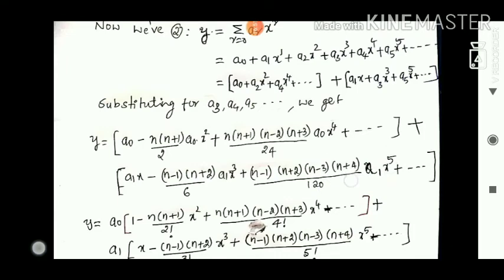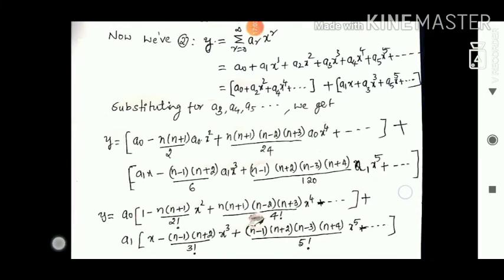This is the expression for our a5. Now, since in the first bracket we have a0 as common, and in the second bracket we have a1 as common, let us take them outside.